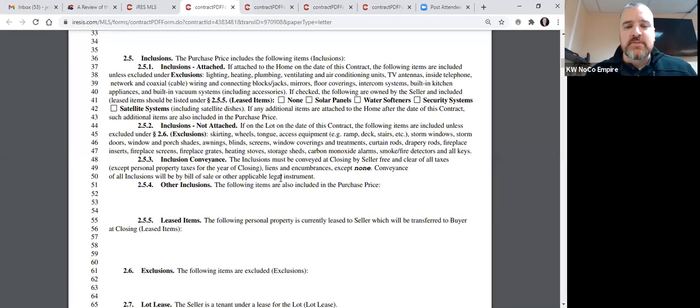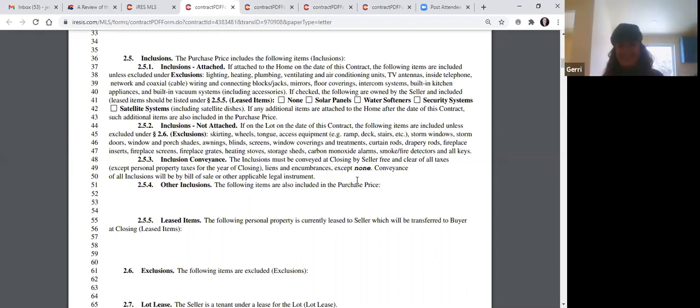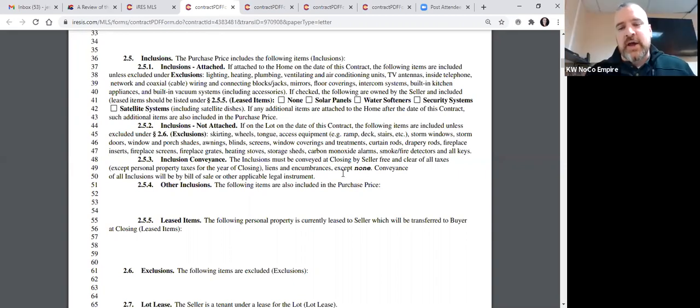However, if something were going to transfer to the buyer, you would list it here. For example, if you have payments you're making on your storage shed out in your yard, maybe that gets conveyed. In most cases, you're just going to put none here.